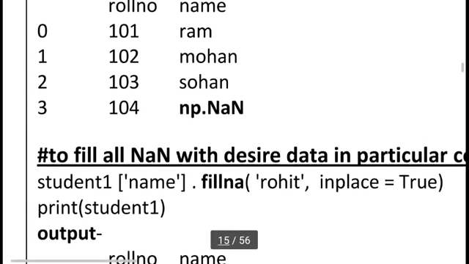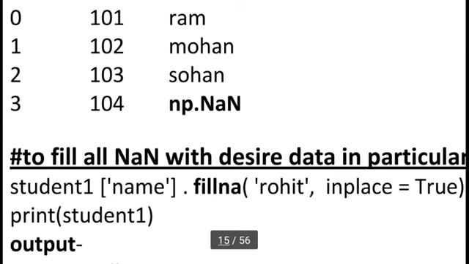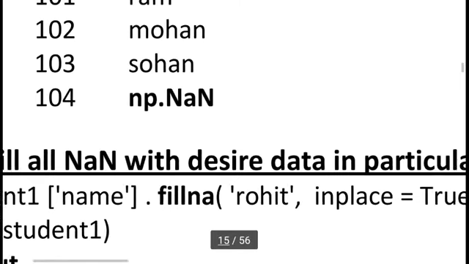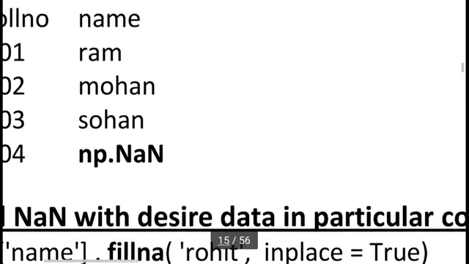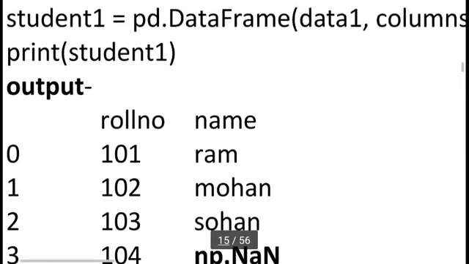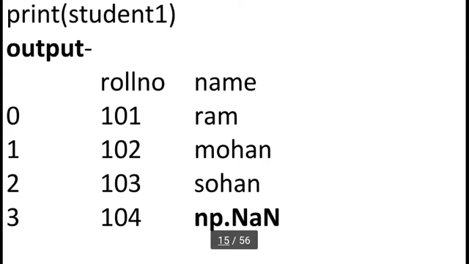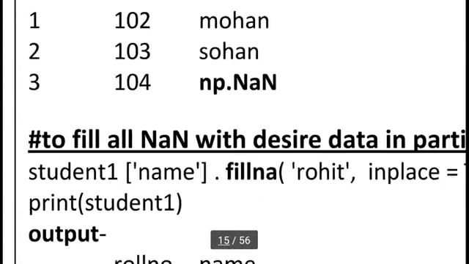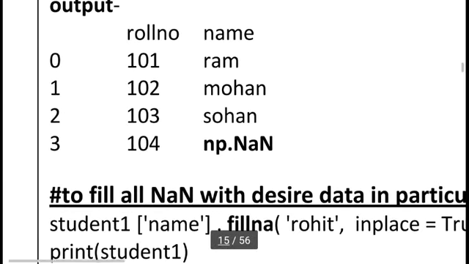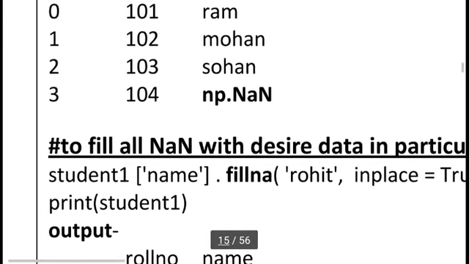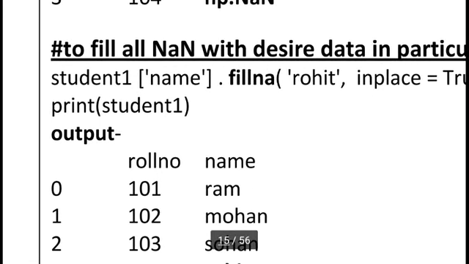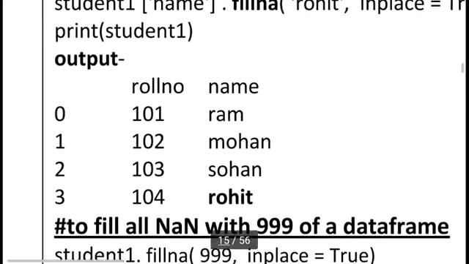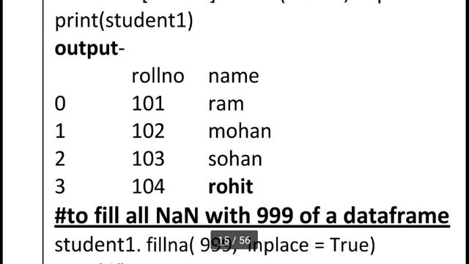Here in the name column every np.nan value will be replaced by Rohit. inplace equal to True means the original data frame, which is our student1, is changed directly. So in the name column, all the values which are np.nan will be replaced by Rohit, and now we can print student1. You can see now 104 has Rohit.